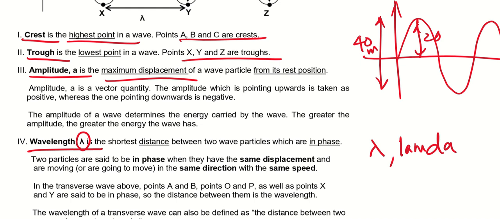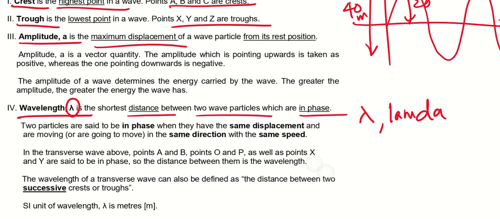Now we call it lambda. So lambda represents wavelength. What is wavelength? Wavelength is the shortest distance between two particles that are in phase. What does it mean by in phase? In phase means same displacement, they have the same direction of movement, and they have the same speed.